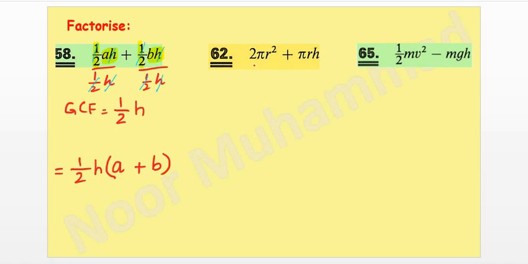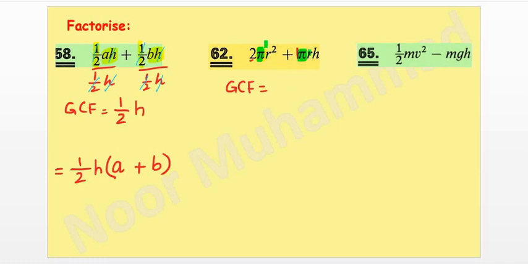Here if I check the numbers, here I have 2, but here there is no number, it's only 1. So for 2 and 1, we do not take 1 as a GCF, so we do not have any common number. But when I compare the pi, so let me take a different color, pi and pi, it's the same.